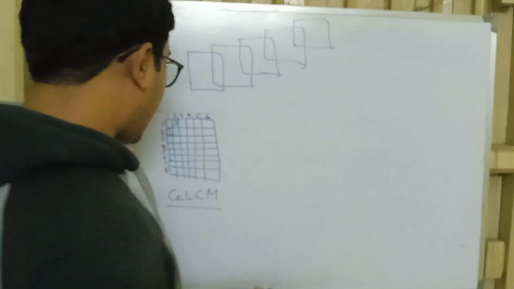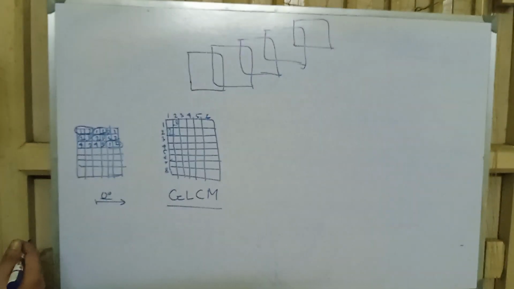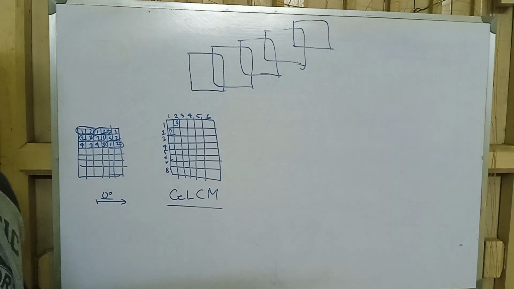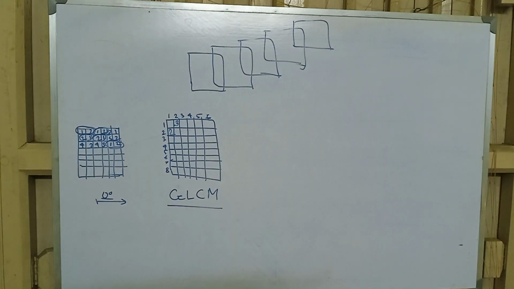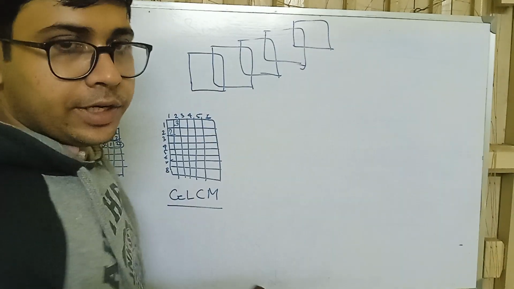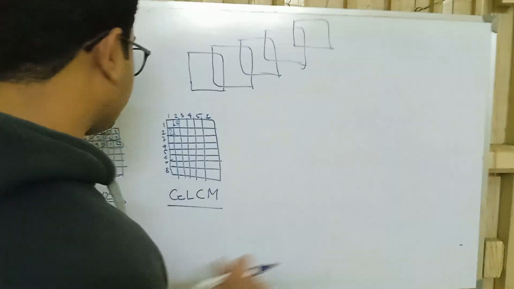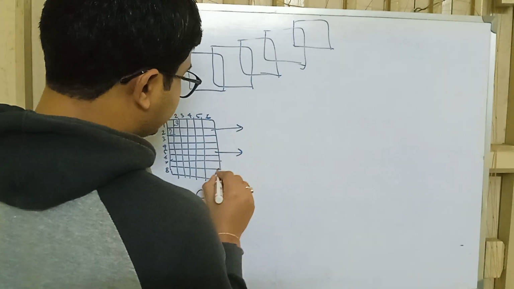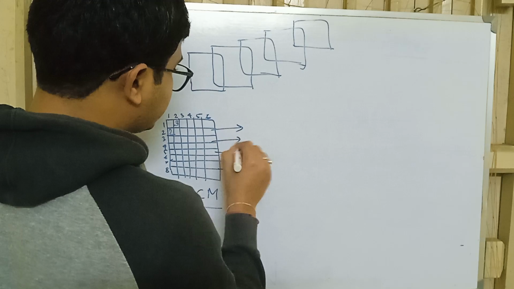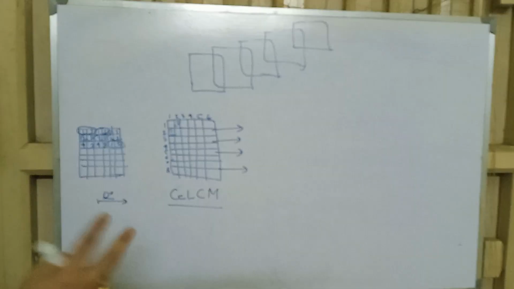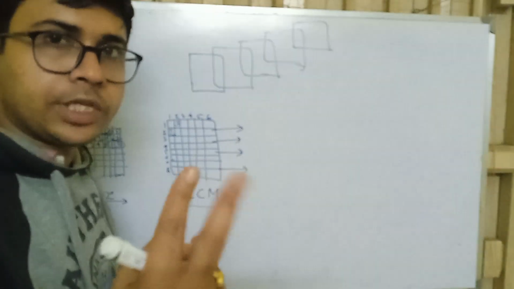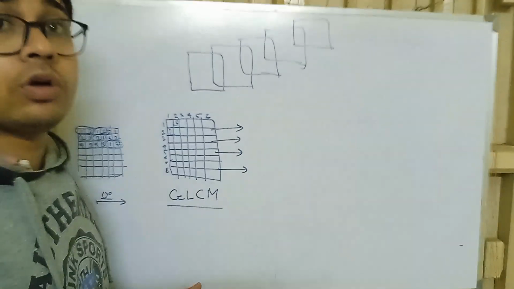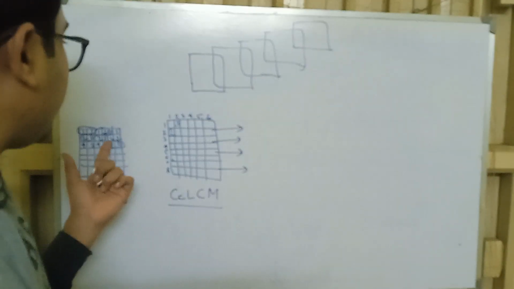After GLCM is calculated, we get the second order statistical features. Second order means we are considering two elements. Why statistical?